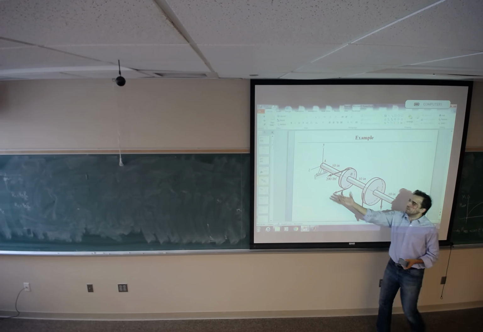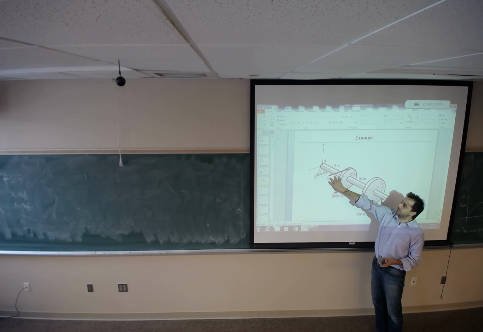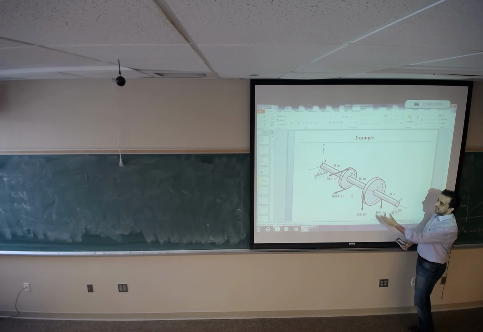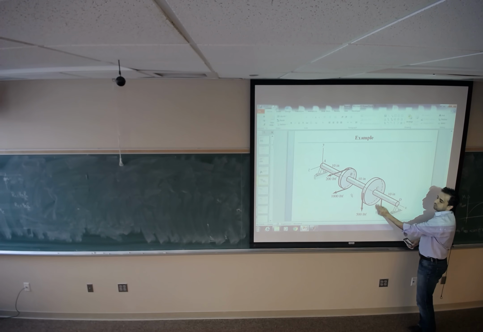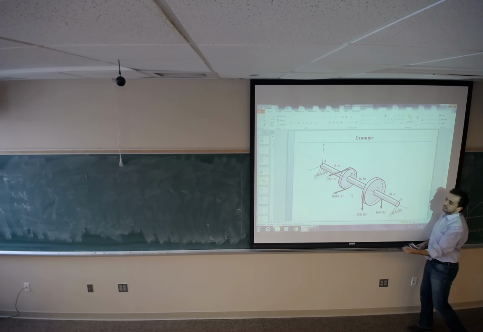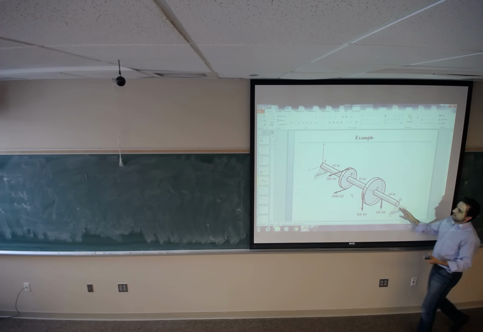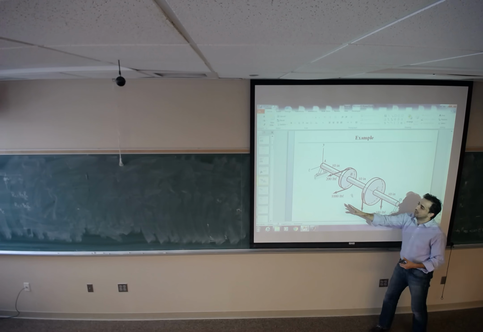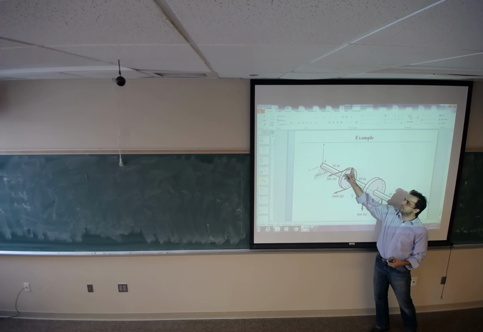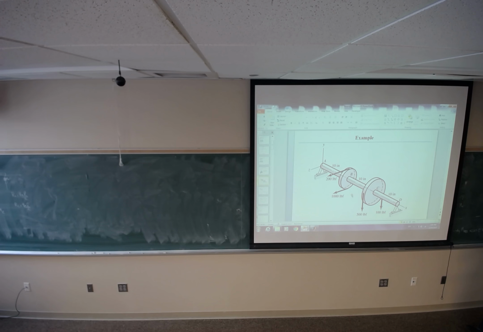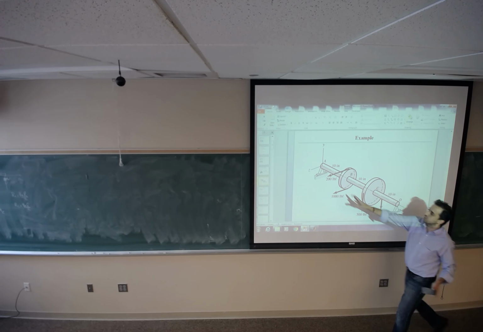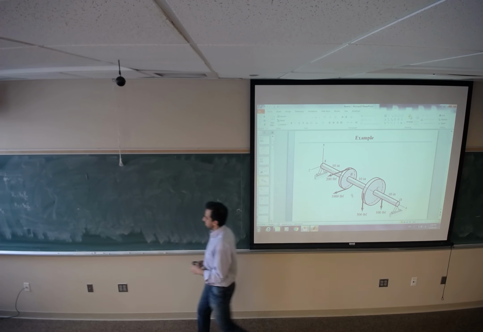The motion and the torque coming from the motor are transmitted to this shaft, to this pulley, and via this belt, it goes out. Basically, this shaft and the pulleys change the direction of the motion from this direction to this direction. They transmit the torque and power from the motor to somewhere else.